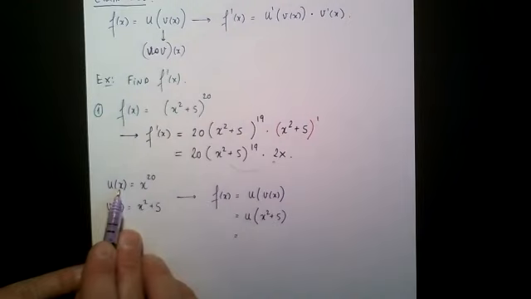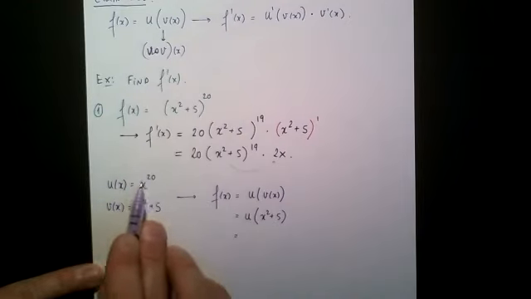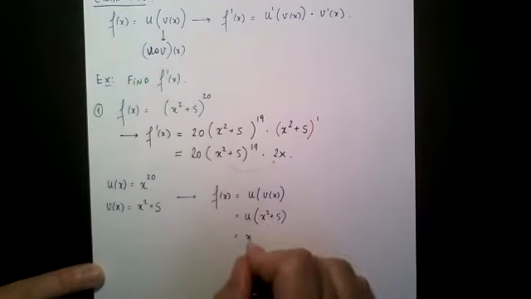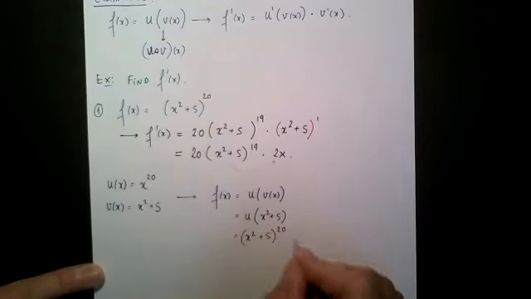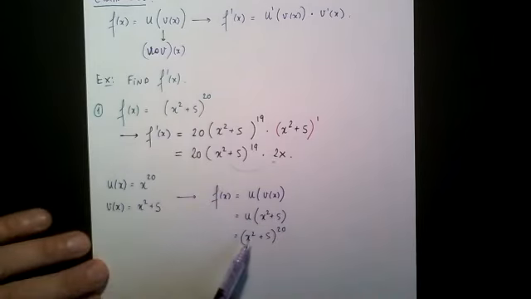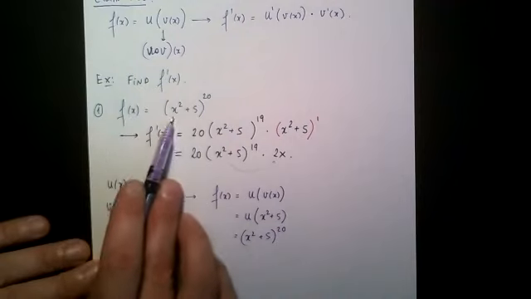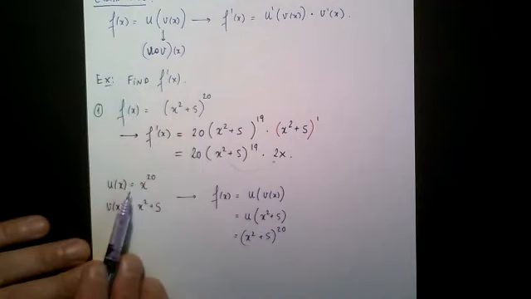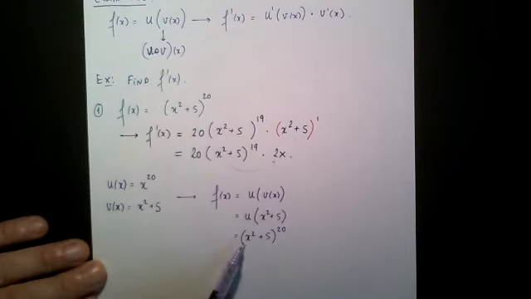If instead of putting an x in the u, you put x squared plus 5, then this will become x squared plus 5 to the power 20. So if I want to rewrite my function as a composition of 2 functions, these would be my 2 functions.